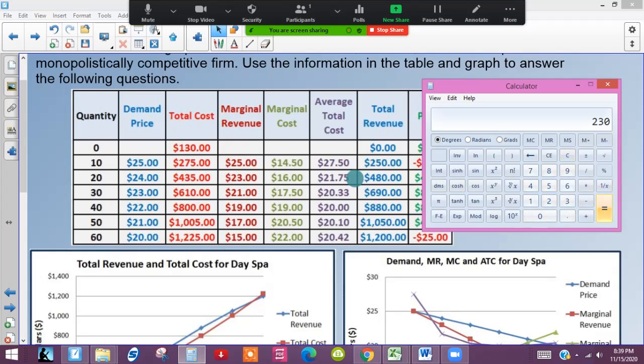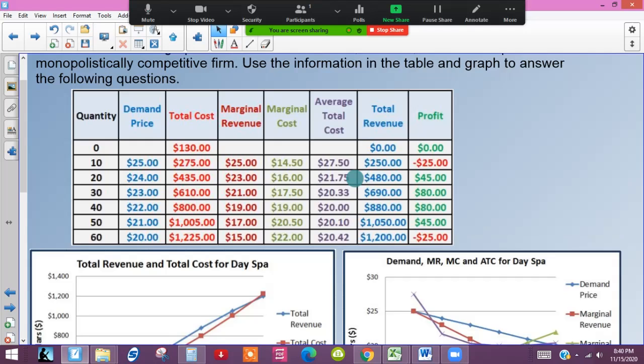And then we're going to divide that by the change in the quantity, which from 10 to 20 is 10. We divide it by 20 minus 10, right? That's the actual formula. So when we divide by 10, we get a marginal revenue of 23 right here.